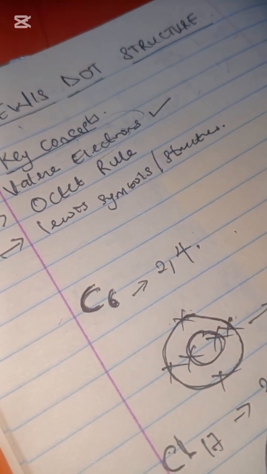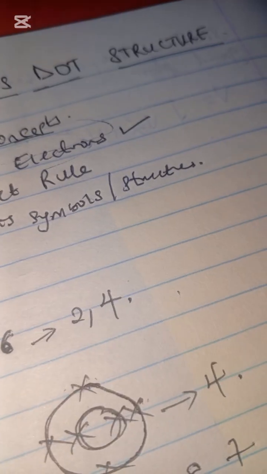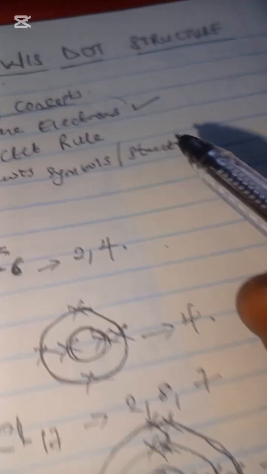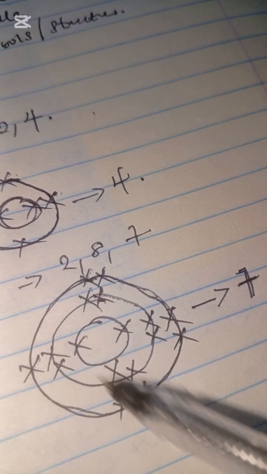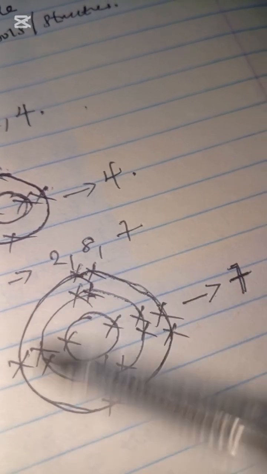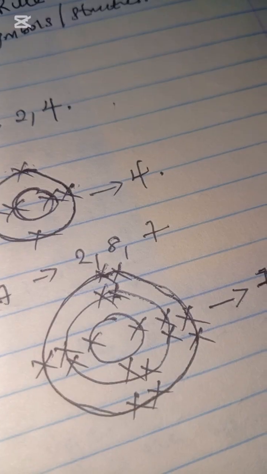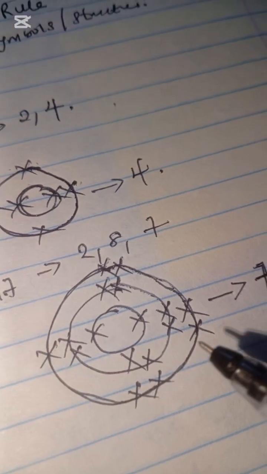Now, there's something we call the octet rule. The octet rule is just the ability of an atom to have a stable electronic configuration, that is, to have 8 electrons in the valence shell. Take chlorine for example.